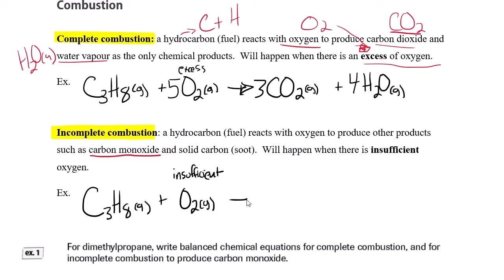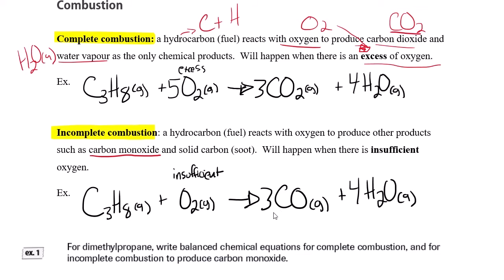So as it reacts, instead of producing carbon dioxide, it will produce carbon monoxide gas and water vapor. Now we can balance this guy too. We've got 3 carbons here, so we've got 3 here. We've got 8 hydrogens. 4 times 2 is 8. And let's see about our oxygens. We've got 4, 5, 6, 7. And oxygen comes here in groups of 2.